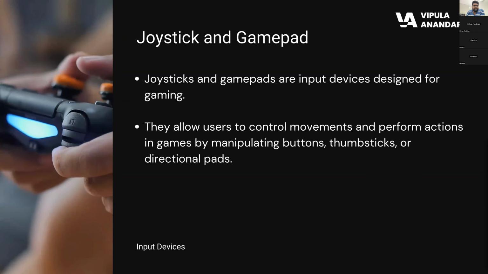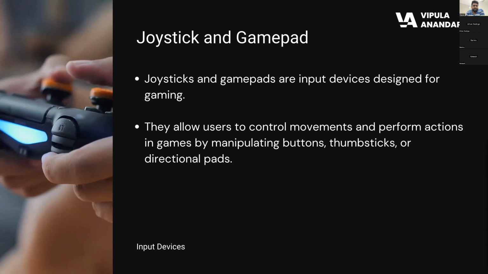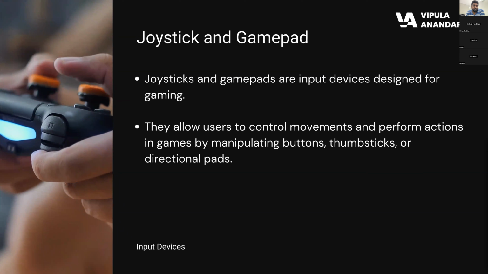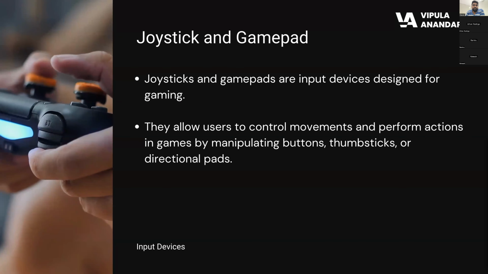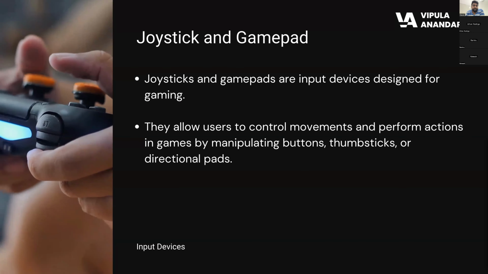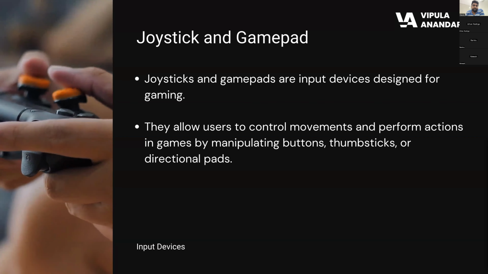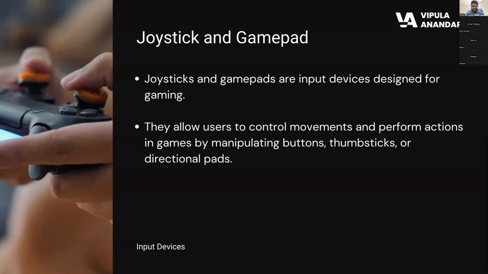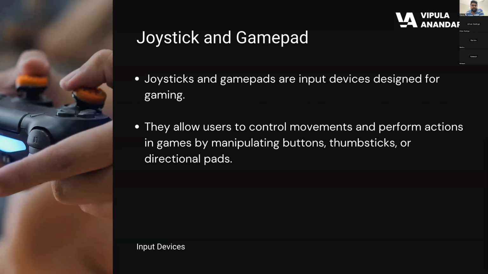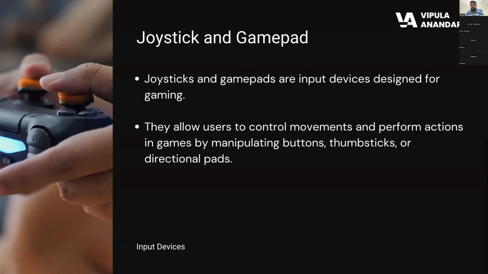You guys need to know what this is. So joysticks and gamepads were there, but the next two items were not there. So we'll go through it again. Joysticks and gamepads are input devices designed literally for gaming. They allow users to control movement and perform actions in games by manipulating buttons, thumbsticks, or directional pads.